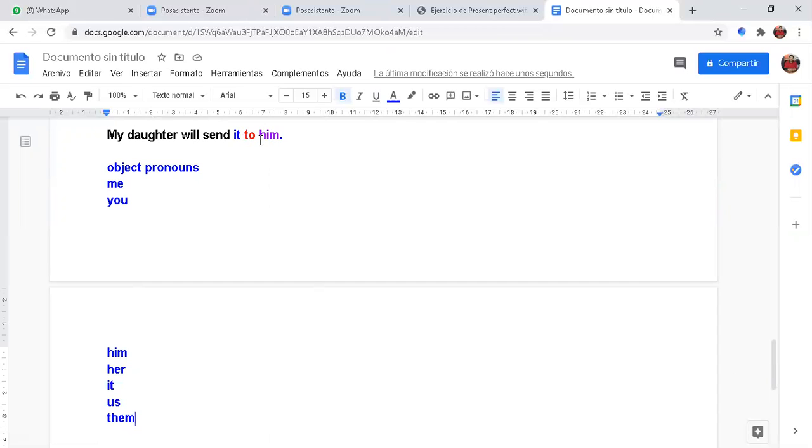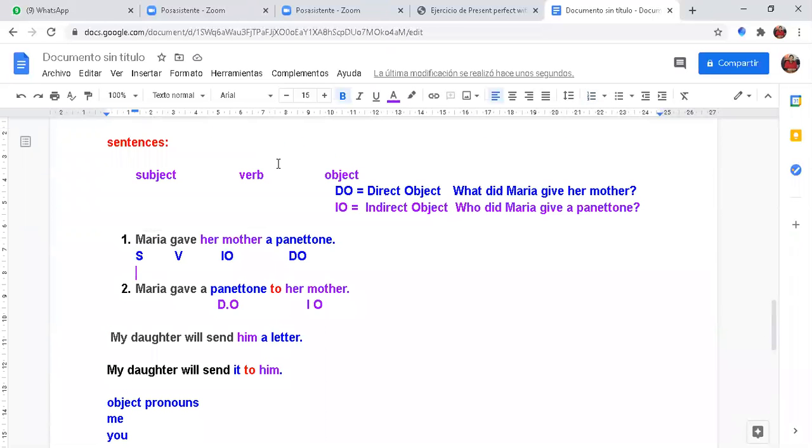As I said, I can say Maria gave her mother, and we can use the object pronoun: Maria gave her a panettone. It's not possible in this case to replace both of them.